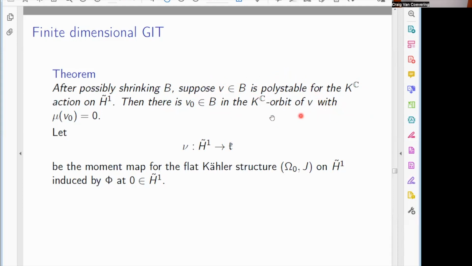Then you can show that the moment map that we have restricted has a 0. So that's a constant scalar curvature structure.